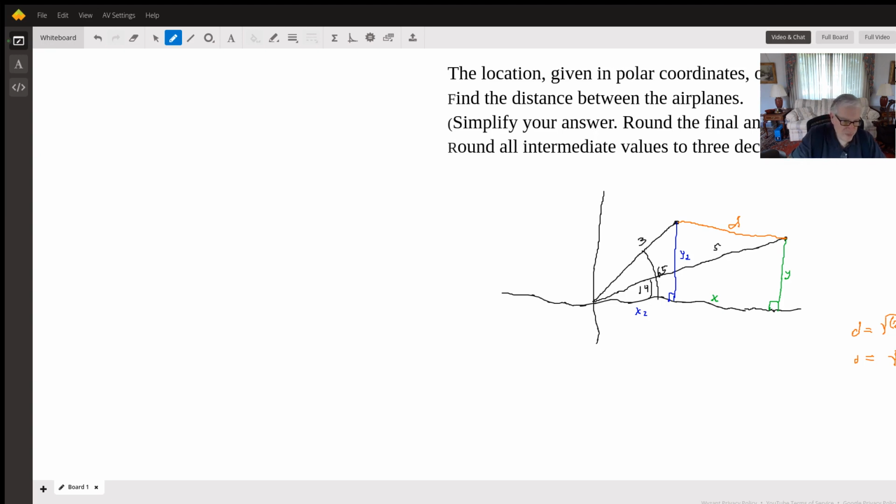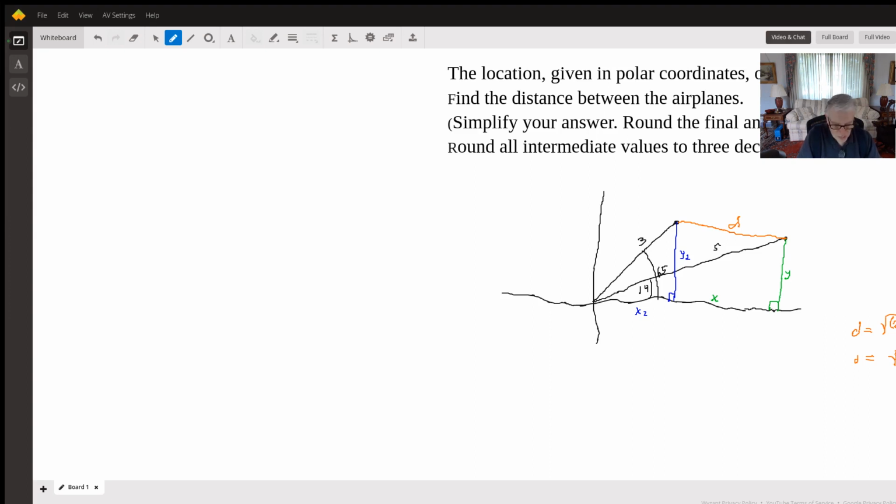So let's see. Okay, 2.719 minus 1.210 squared. So this gives me 2.277.